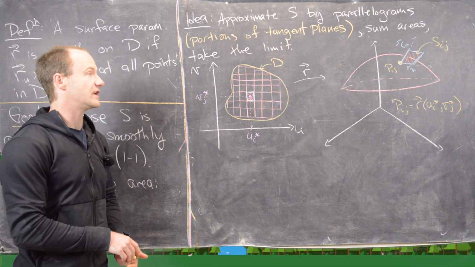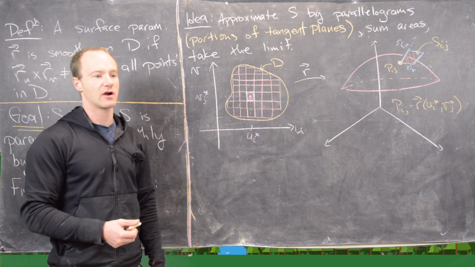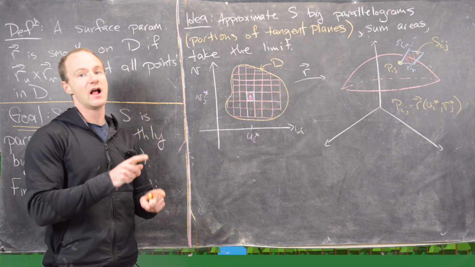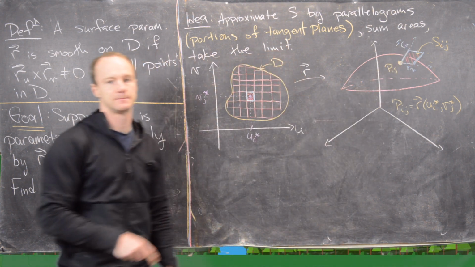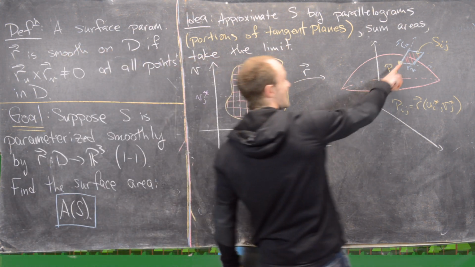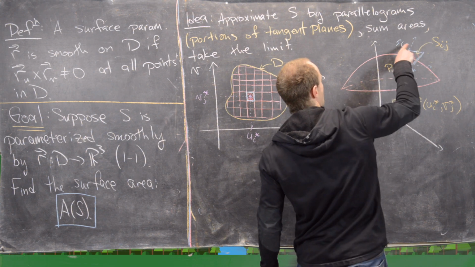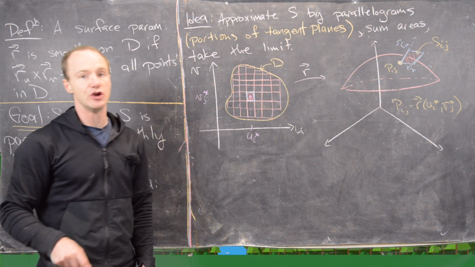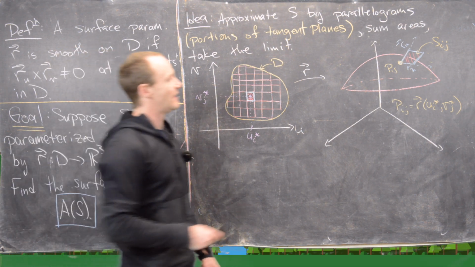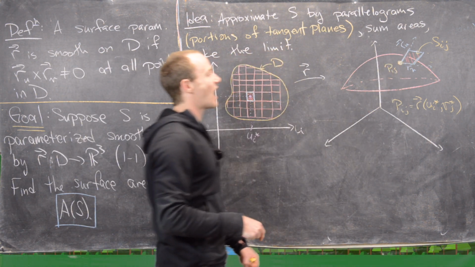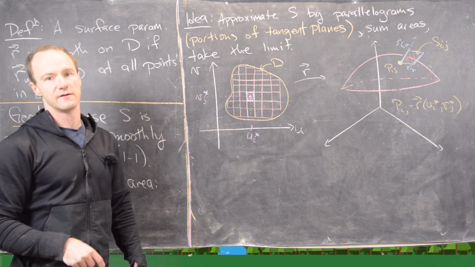And then recall that the area of a parallelogram can be given by the cross product of the vectors that define it. So notice that a vector in one of the directions that will define it is going to be R_u, in other words, the partial derivative of R with respect to u. And then the vector defining it in the other direction will be R_v.